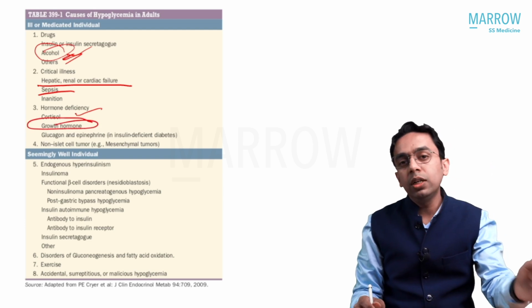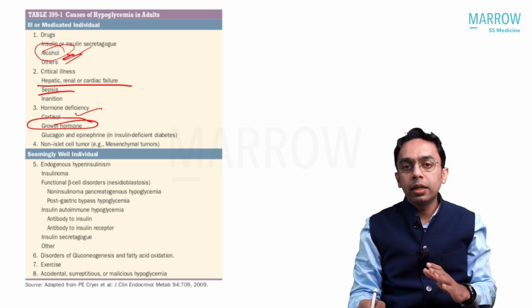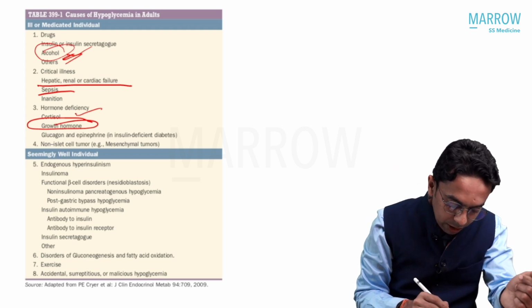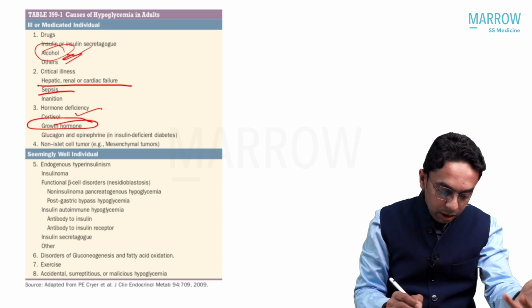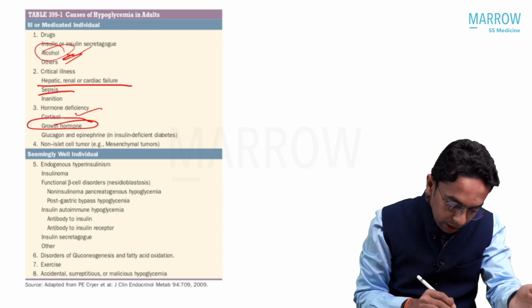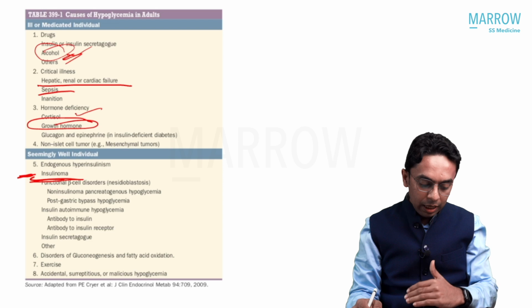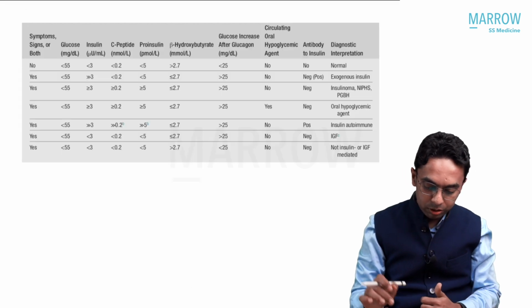Growth hormone deficiency usually does not cause hypoglycemia in adults. Then some mesenchymal tumor can cause hypoglycemia, and you think about insulinoma. Keep the common causes first, then only you work up for all these causes.